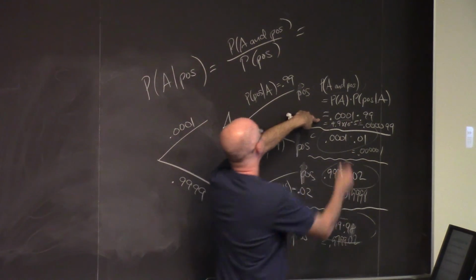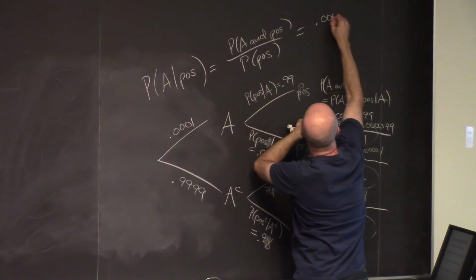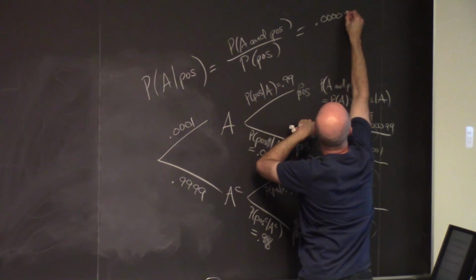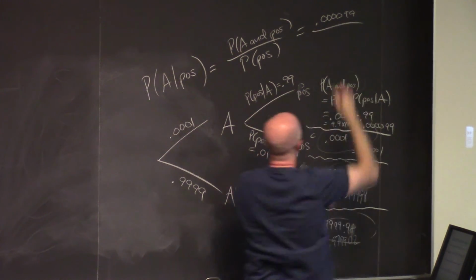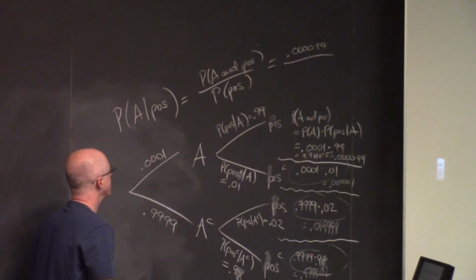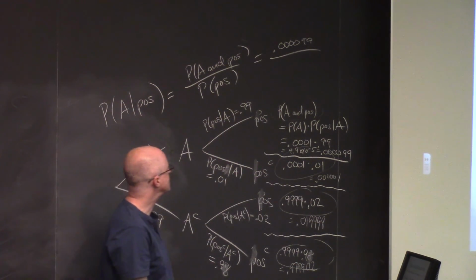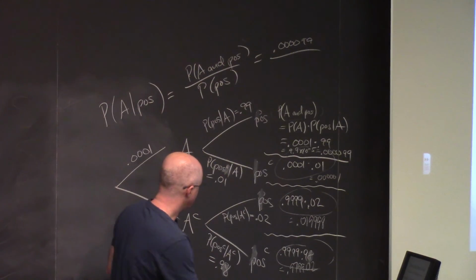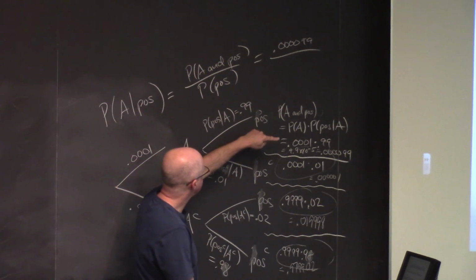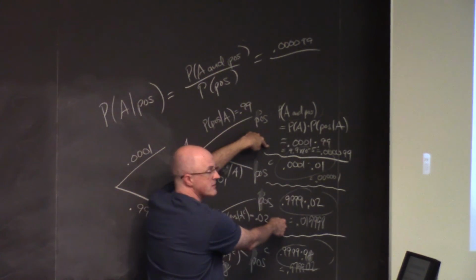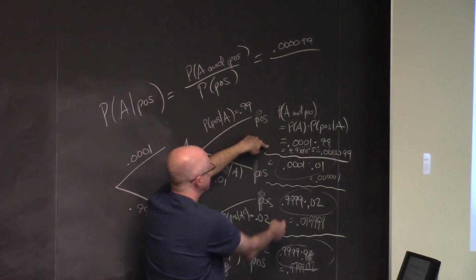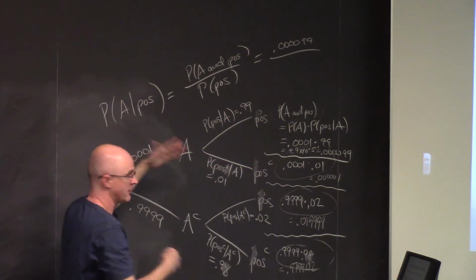0.000099. That's the top. What about the bottom? What's the probability that it's positive? I hope it's intuitive, so I'll show you a formula that you would add up this number and that number for the bottom. Because it can be positive in 2 ways that are disjoint.